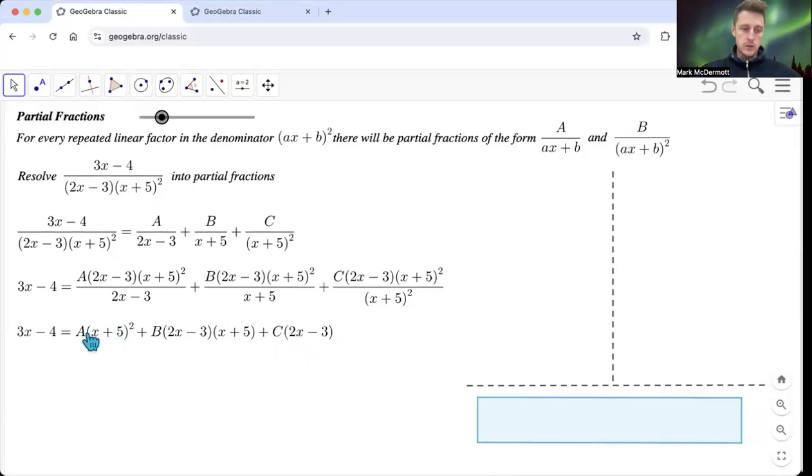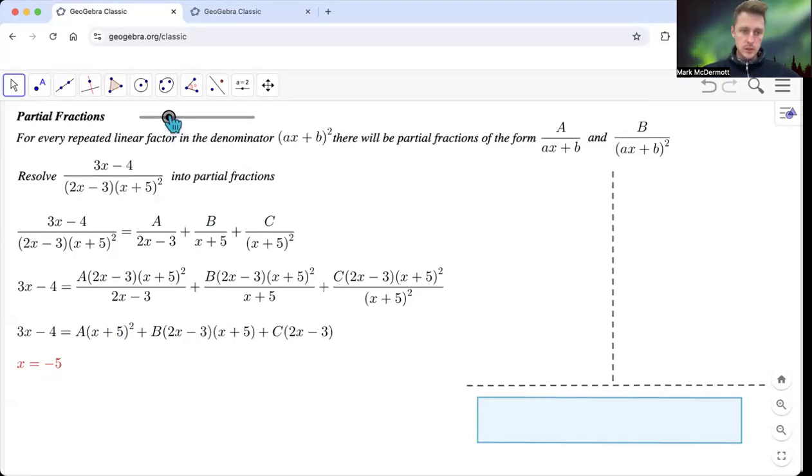Okay, and then what you have to do is pick certain values of x. Now, this might be a bit of a tricky idea, but we're just going to pick values of x strategically to help us solve this equation, because what we really want to know is what A, B, and C are. If we pick values of x and sub them into the equation, we'll be left with some simultaneous equations that we can solve. So the first one we're going to pick is -5, because if x is -5, then -5 + 5 is 0. So this first term will go to 0.